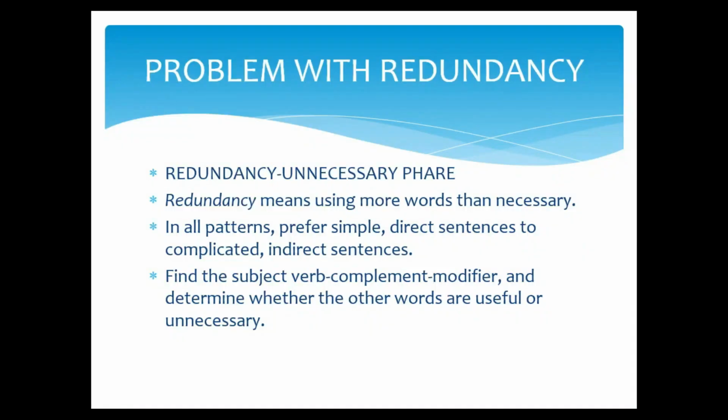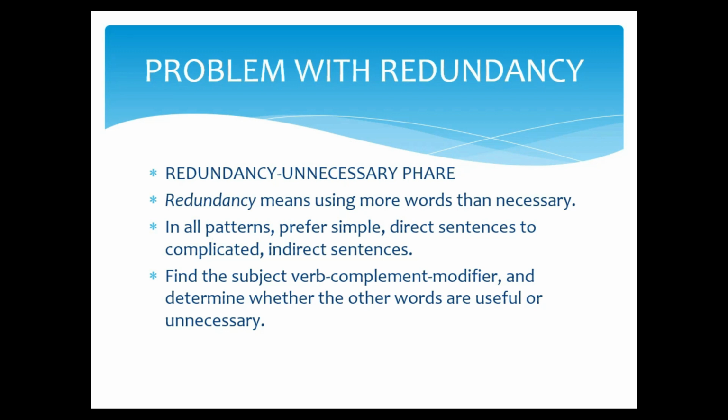Okay, alright. Okay, students, now we move to the structure of grammar problem. Today's topic is about problems with redundancy. What is redundancy? Redundancy is unnecessary phrasing. Redundancy means you say more than necessary.